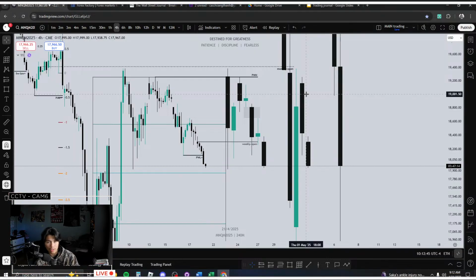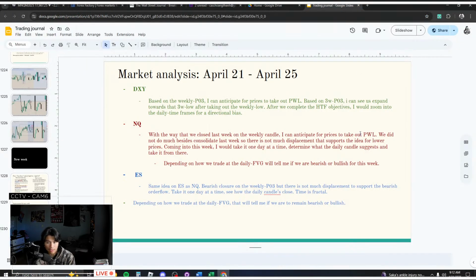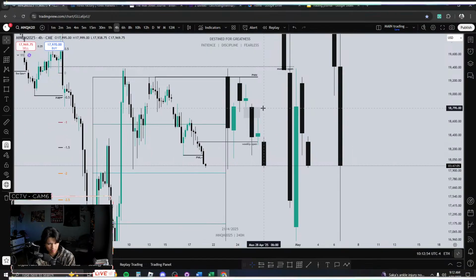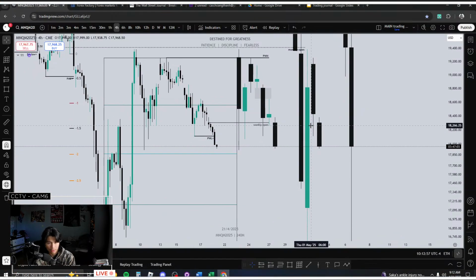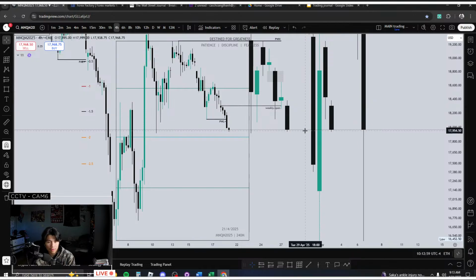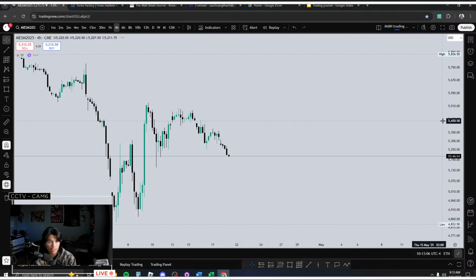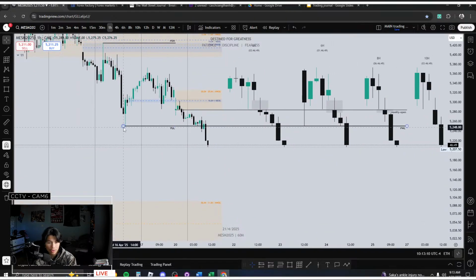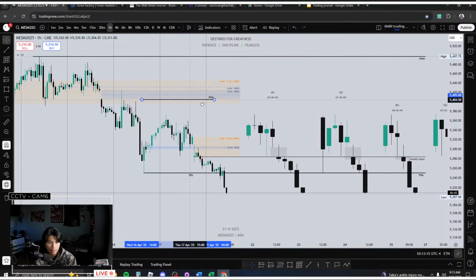After we take out the weekly low, I would elect to take it one day at a time and determine what that daily candle wants to do. But both ES and NQ, they've already completed the objective for me at least. I don't necessarily have anything else that I want to mention here on the charts at least.